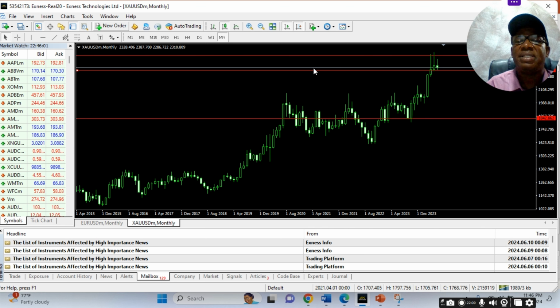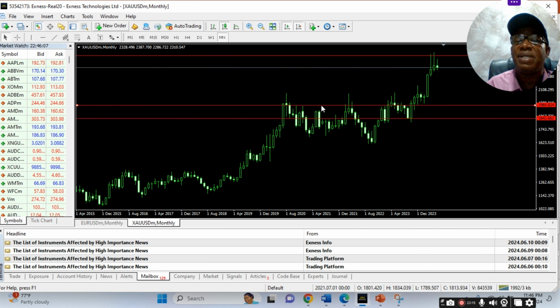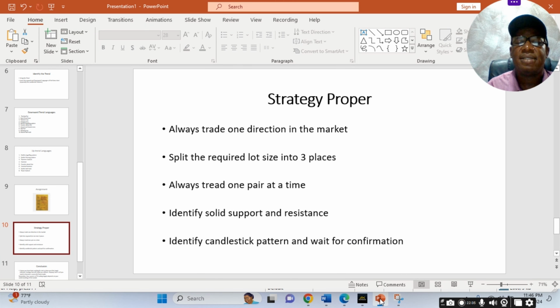Whenever you get there, you watch if there is any formation, any candlestick pattern or chart pattern, because at those stages it tends to give you clear trading information. Identify your support and resistance clearly.